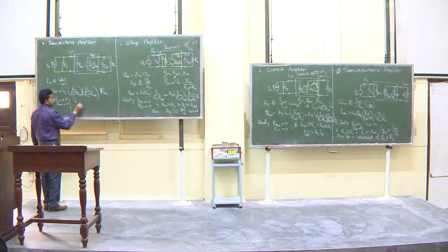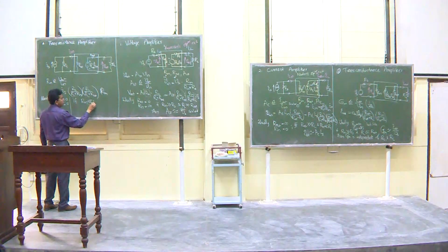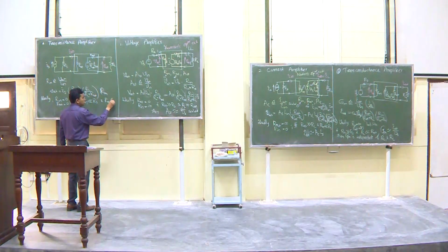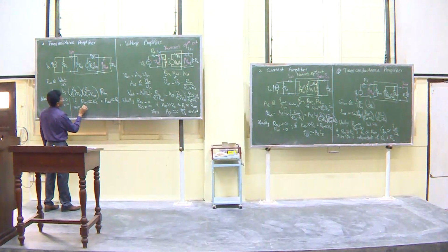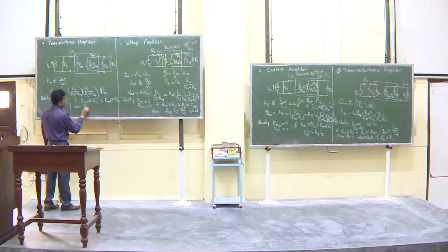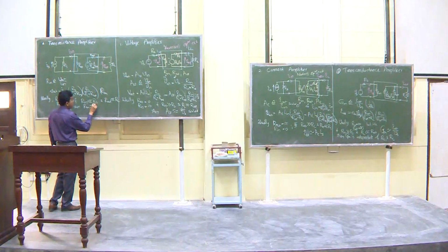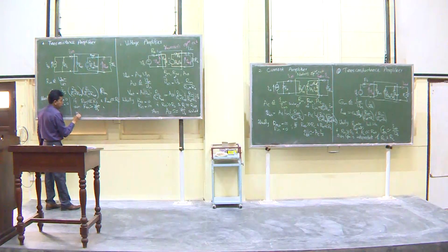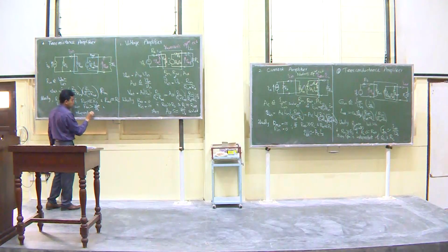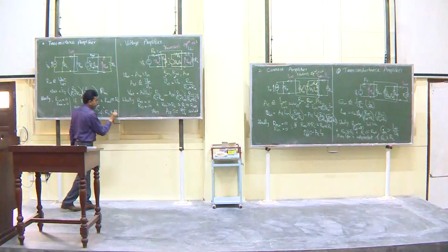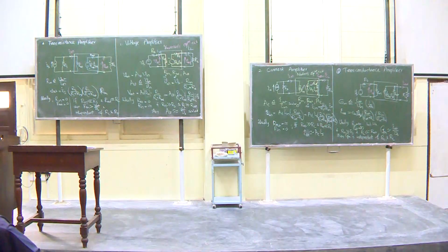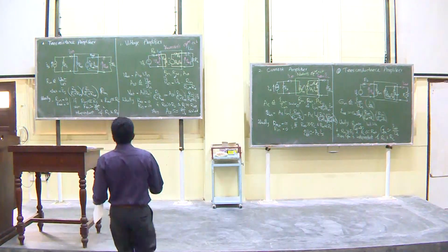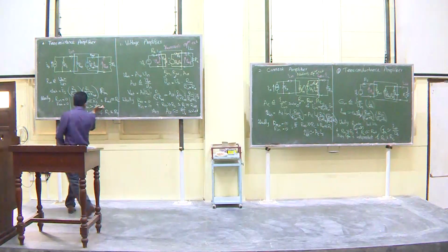If R in is much less than RS and R out is much less than RL, then RM is roughly equal to V out over IS, and independent of RL and RS. Sorry? V out over IS. Yes, thank you.